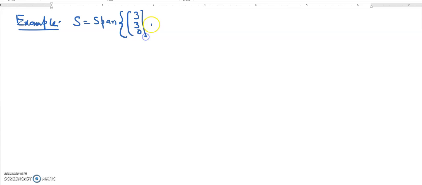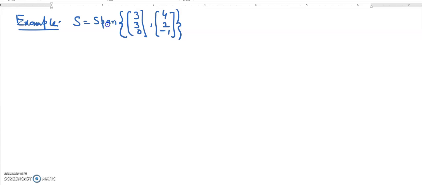Okay, so next example. If we have a set S which is the span of two vectors, 3 3 0 and 4 2 minus 1.